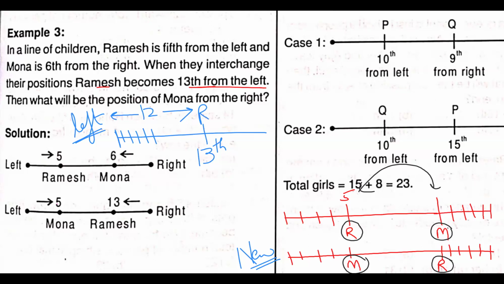If there are 12 before Ramesh, then only when we count from the left hand side, Ramesh will be 13th from the left. Yes or no? Yes, ma'am. So that means what we'll do now? To the left of Ramesh, we want to place how many people? 12 people, because he is 13th from the left end in the new arrangement. Getting it or not?